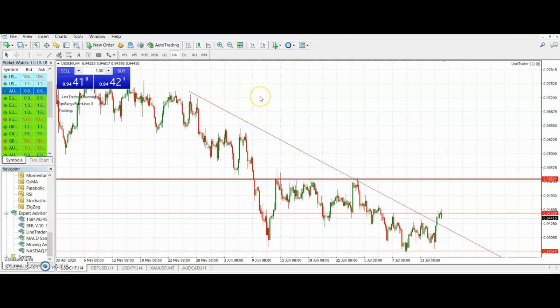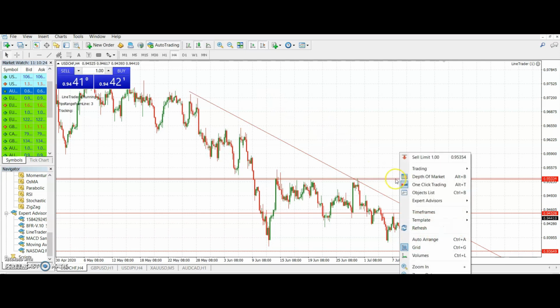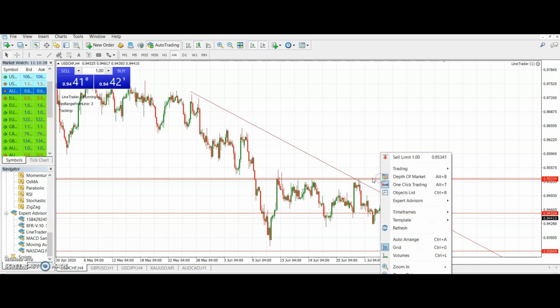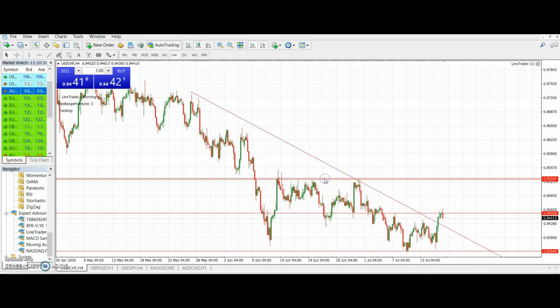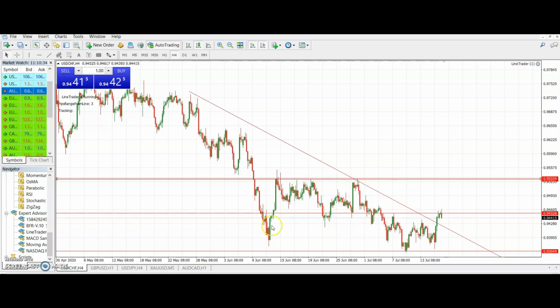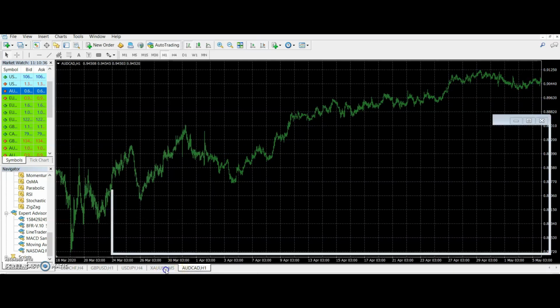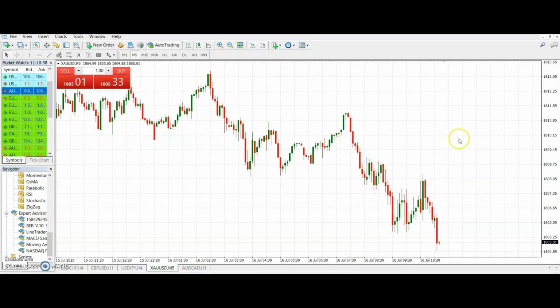One of the most important things to note is you can put these lines anywhere and track all of them. Let me delete one of these, or maybe pick another chart. Maybe I have gold here, and you can track in multiple time frames.